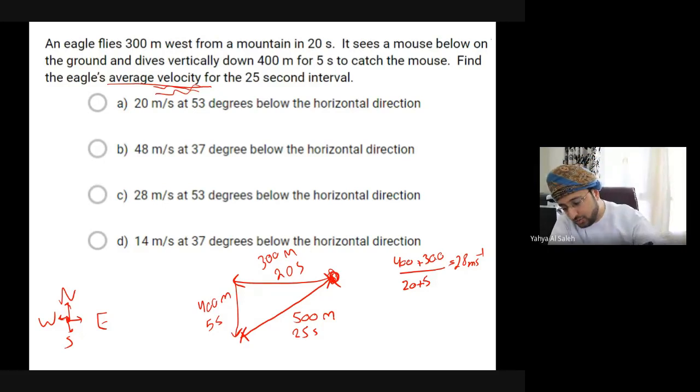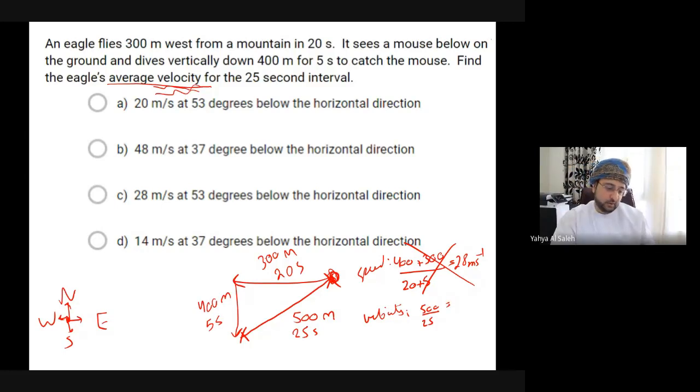So my actual, this is wrong. This is speed. For velocity, it will be 500 divided by 25, which is equal to only 20 meters per second. Now, here it's easy because the only one that has 20 is this one. So we know it's A.